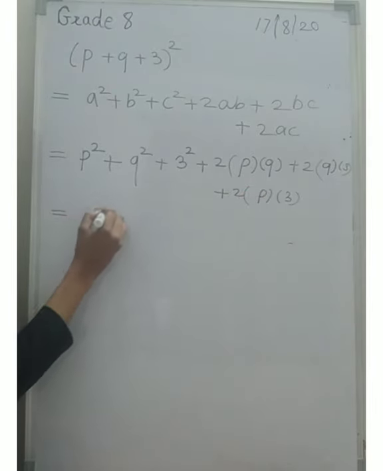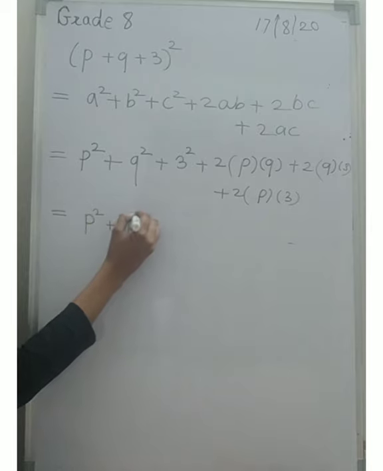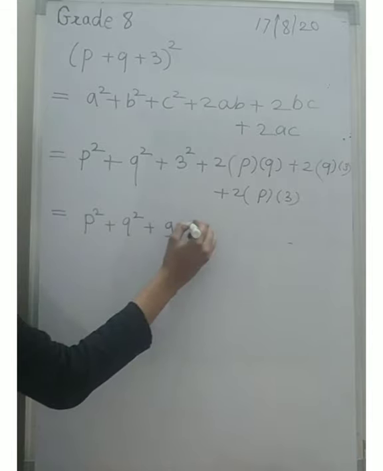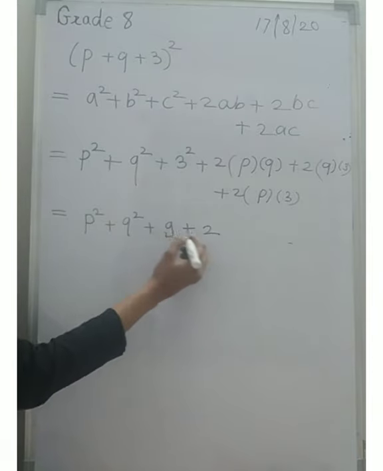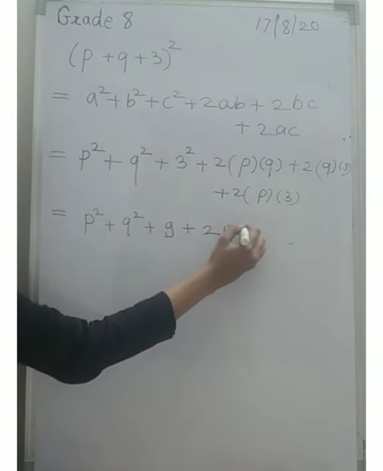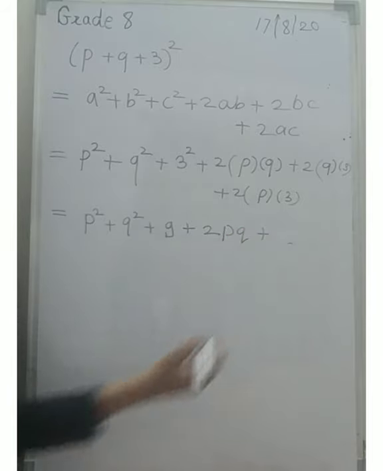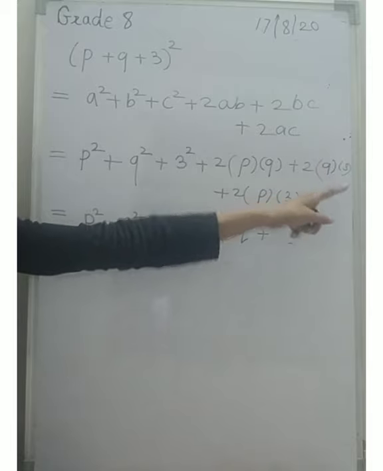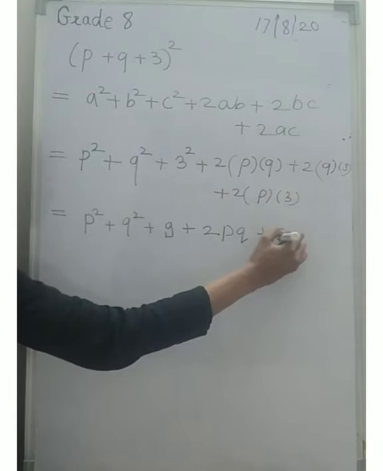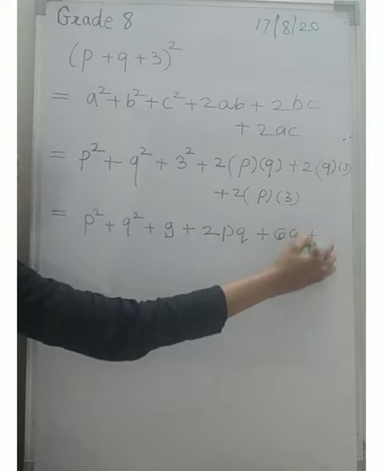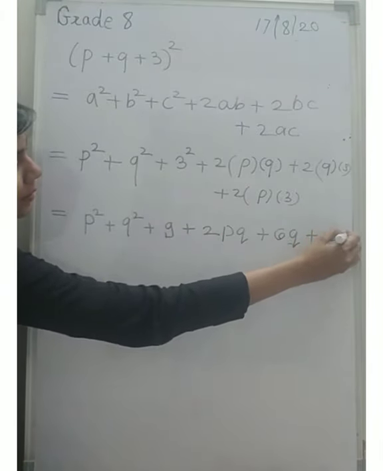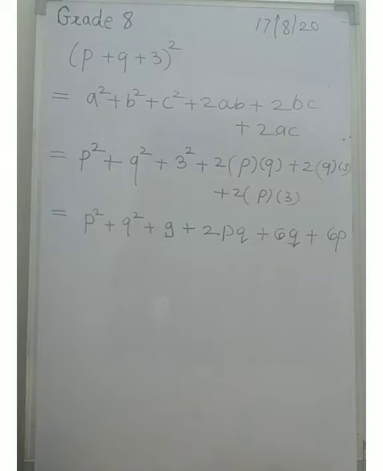So this will be p² + q² + 9, because 3 squared is 9, + 2pq + 2q multiplied by 3 is 6q, + 2 threes are 6p, and that is the answer of the question.